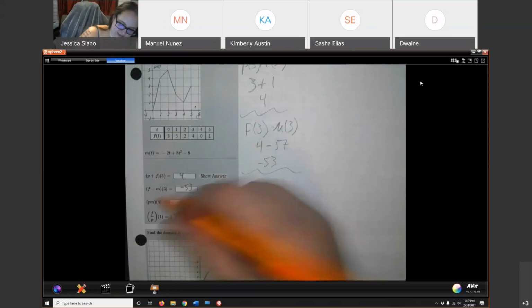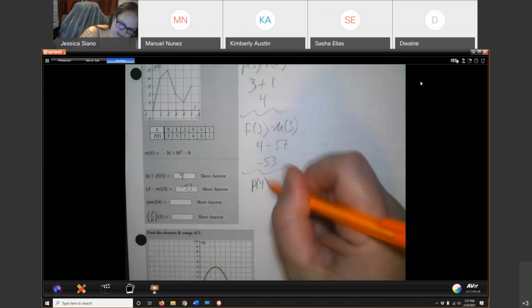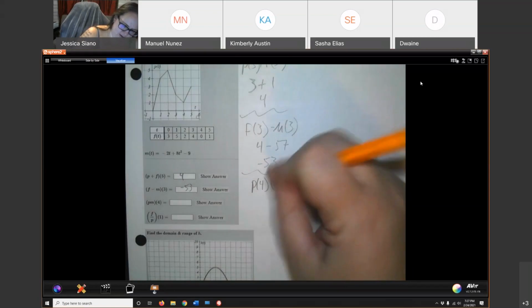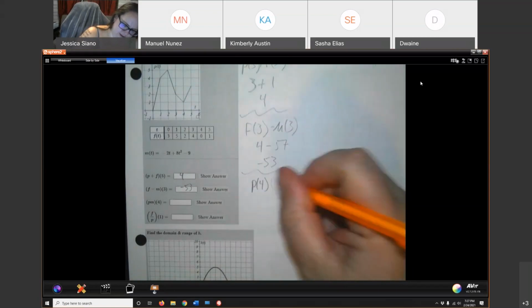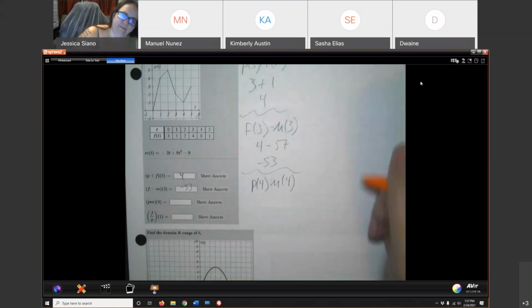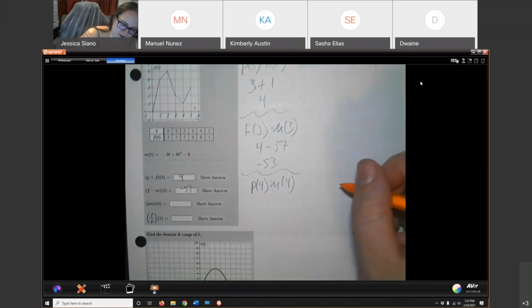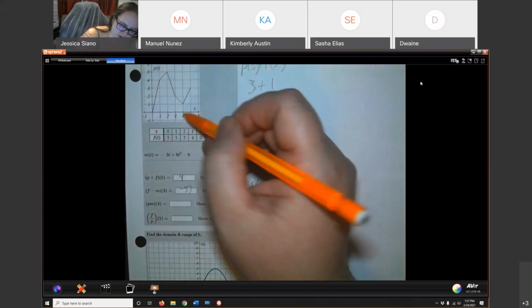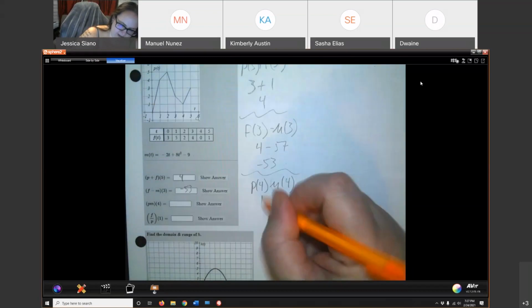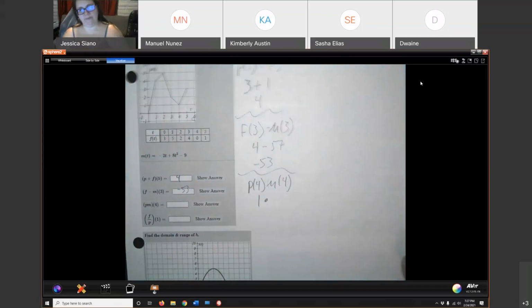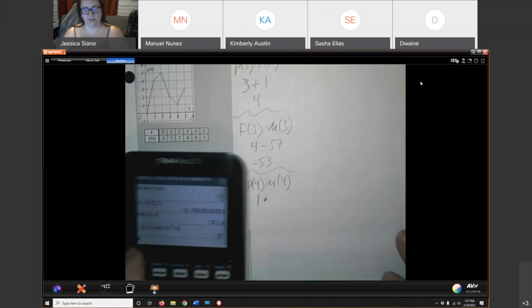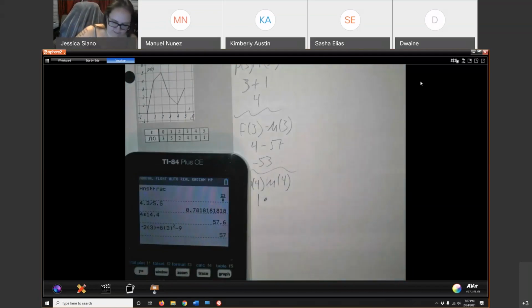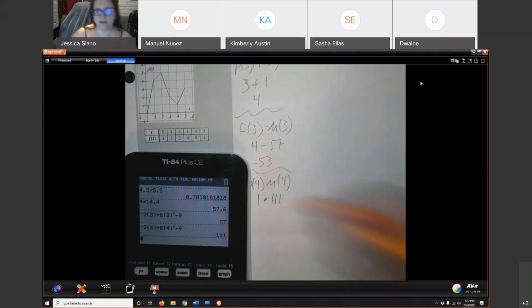So then this next piece is P of 4 times M of 4. So up here on the graph, P of 4 is 1. And then use the calculator again. M of 4 is 111.